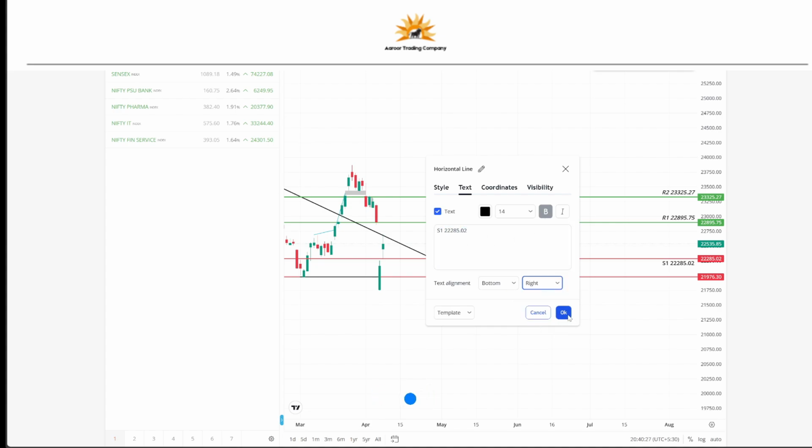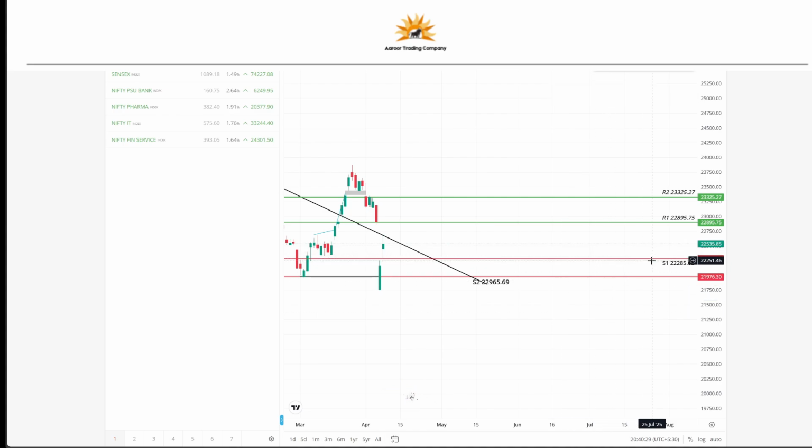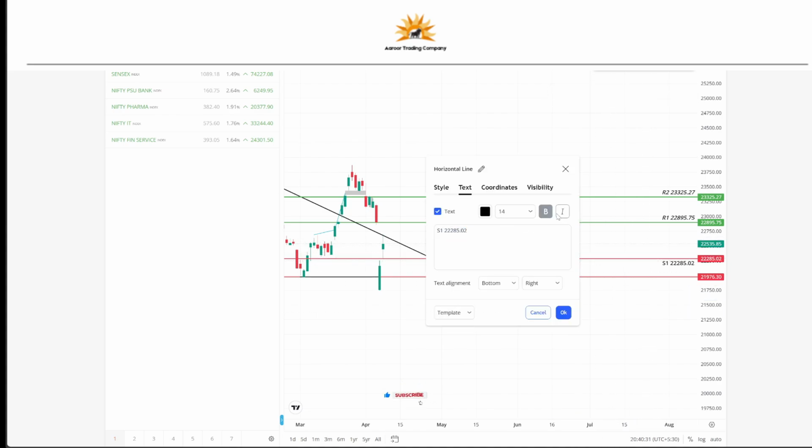Just mark this on your chart. And for S2, the coordinates are 21,976. We need to understand whether the market is going to sustain below or not. So that's the crucial level.